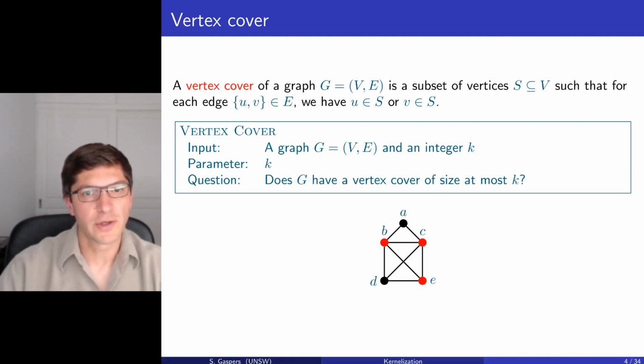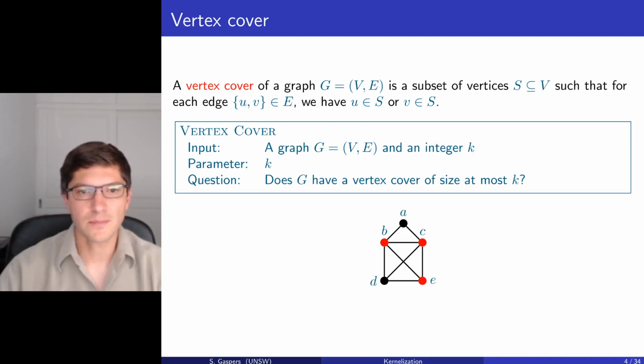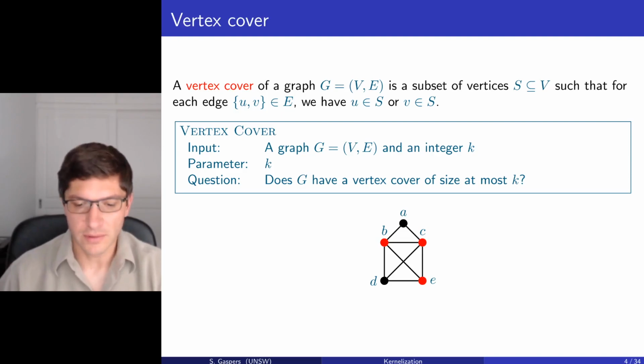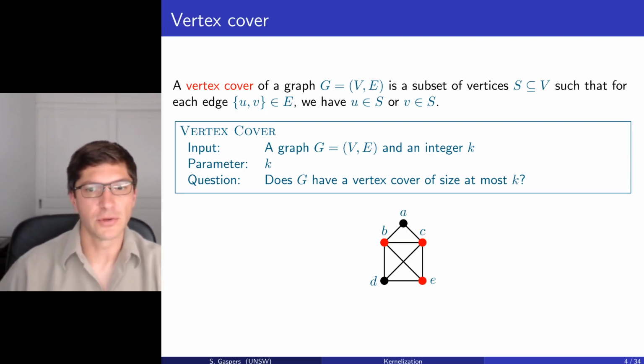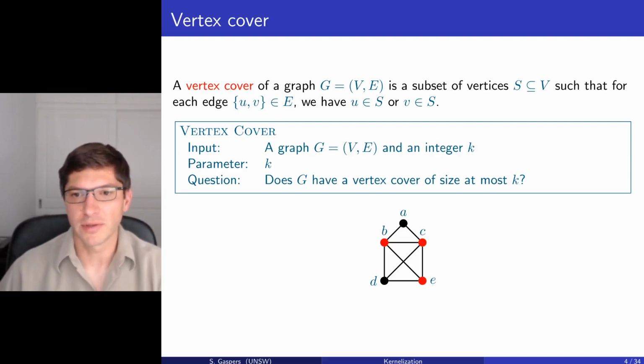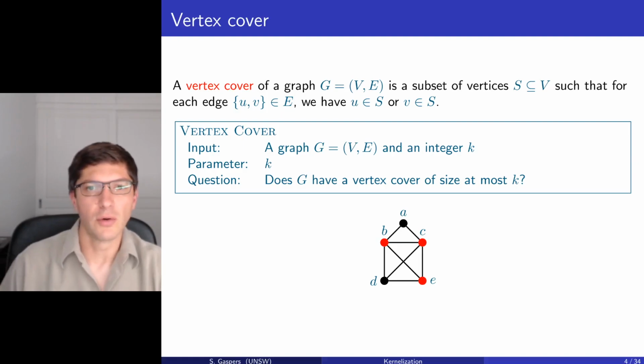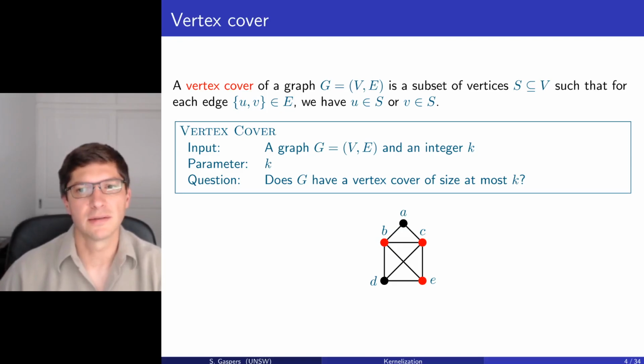Now, the input to the vertex cover problem is a graph G and an integer k. And the question is whether G has a vertex cover of size at most k. For the parameterized version, we use k as the parameter. In this example graph, of course, the red vertices form a vertex cover of size 3. So if this is our input graph and k is 3, then this is a yes instance.